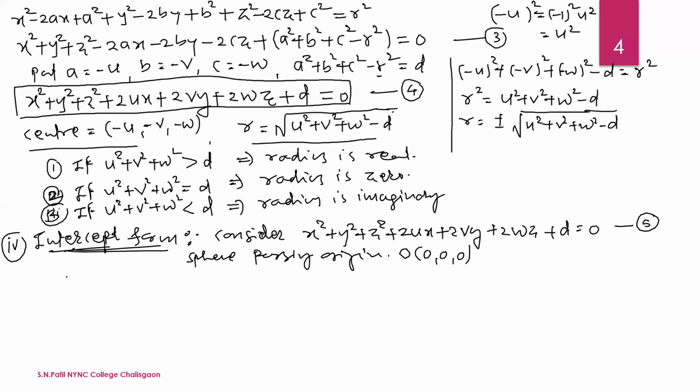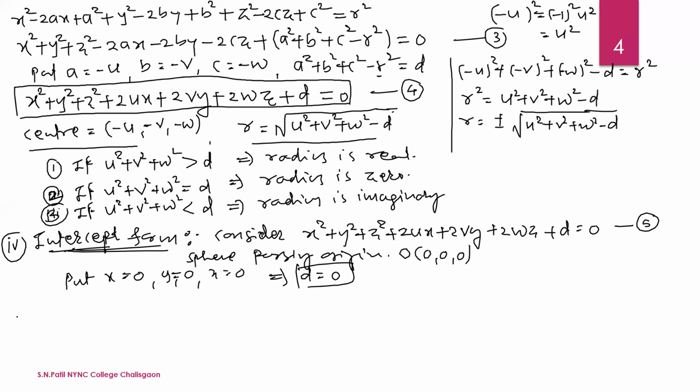Put x is equal to 0, y is equal to 0, z is equal to 0. Then only d is remaining, so we get d is equal to 0.